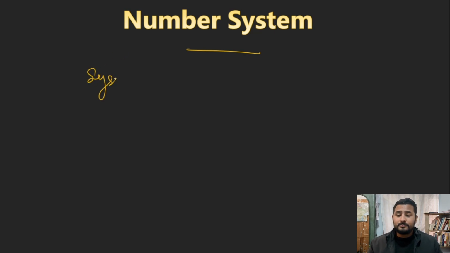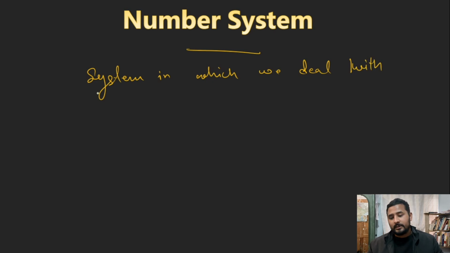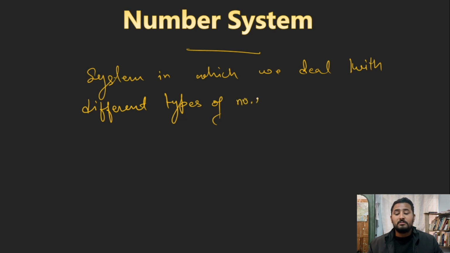System in which we deal with different types of numbers. Okay, different types of numbers. So what is a number system?